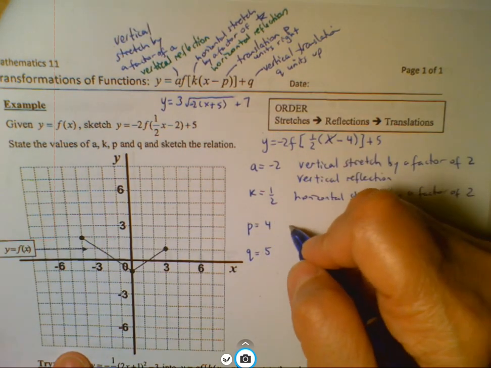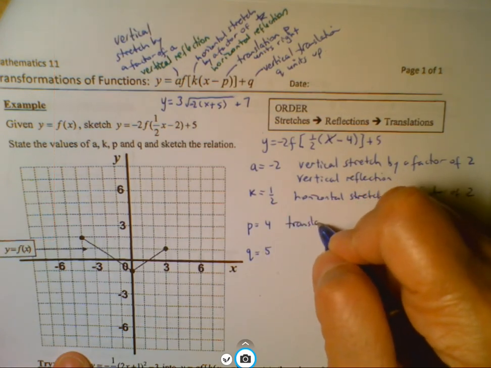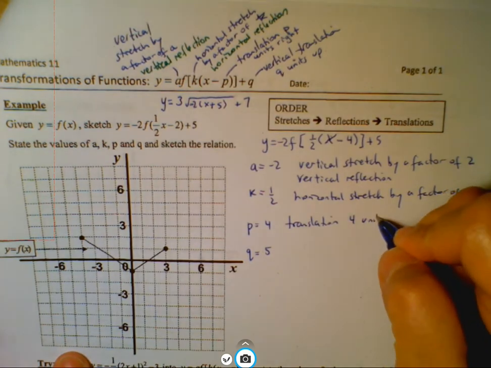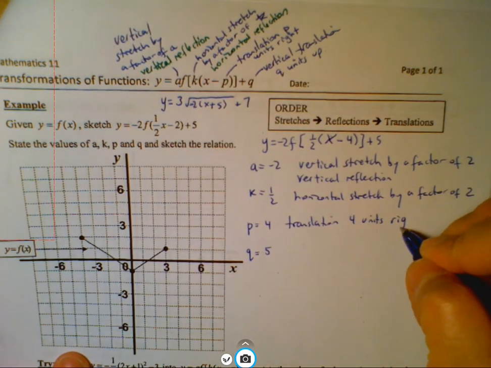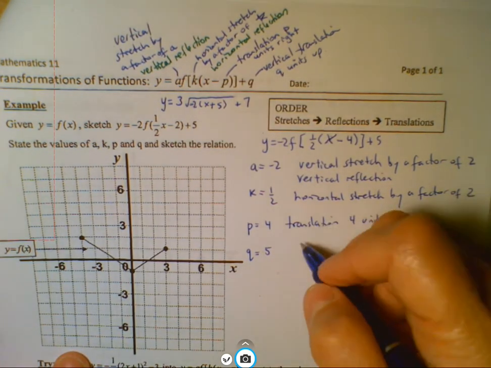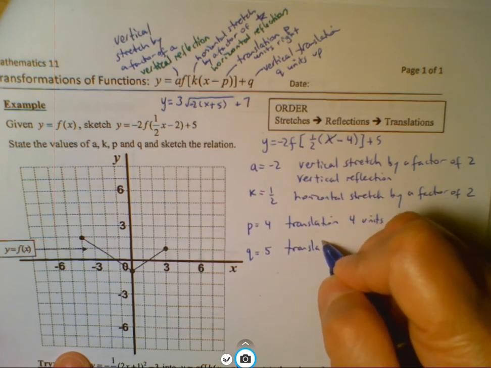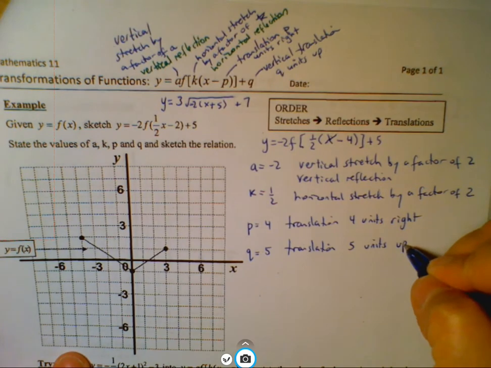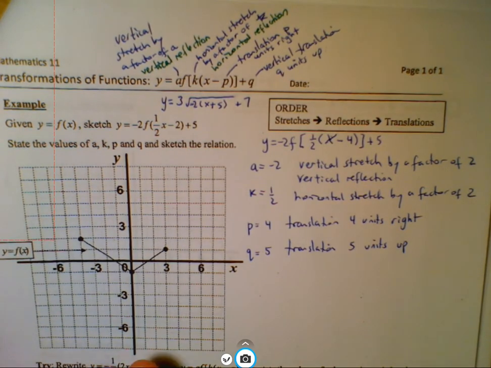The p is 4, so that is translation, so movement in other words, 4 units right. And q is 5, which is a translation, 5 units up. And those are all my transformations.